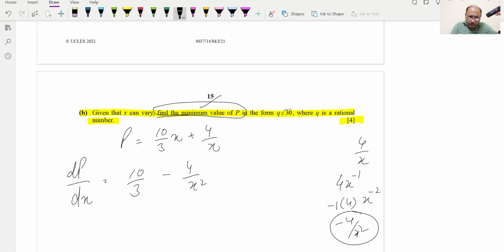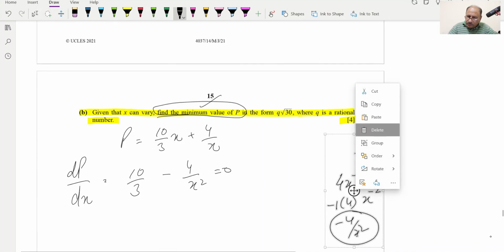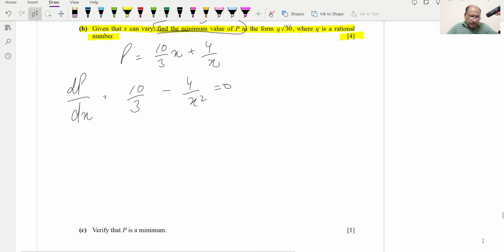So this will be the derivative, and I'm just writing here minus 4 over x squared. And for the minimum value we'll be putting this derivative equal to 0, and this one we can delete, which I've done for your explanation. And now we can rearrange this one. 10 over 3 is equal to 4 over x squared, and cross multiplication, 10 x squared is equal to 12.